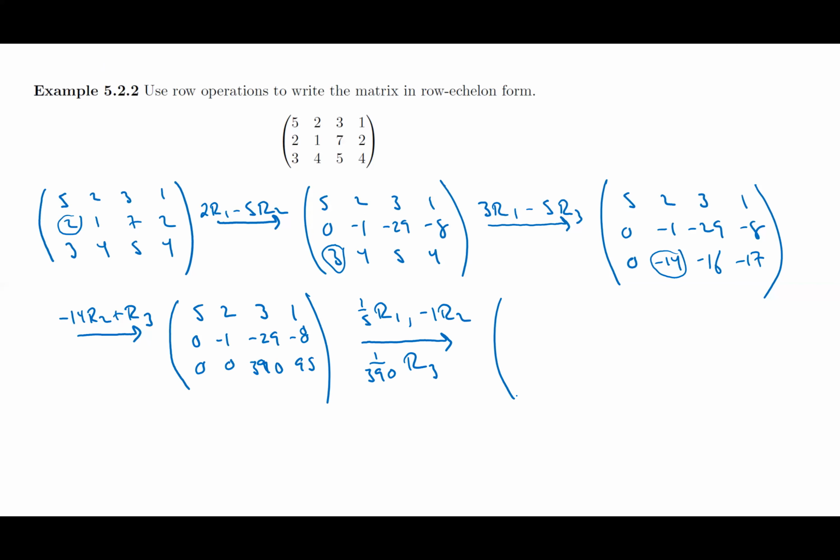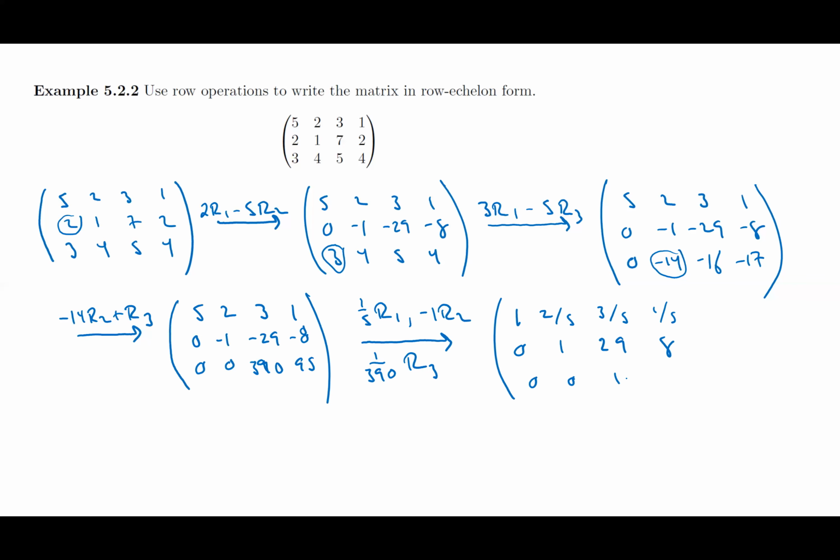So when I do that, my first row becomes 1, 2/5, 3/5, 1/5. My second row, changing the sign, and then my third row, and then 95/390 is going to be what?